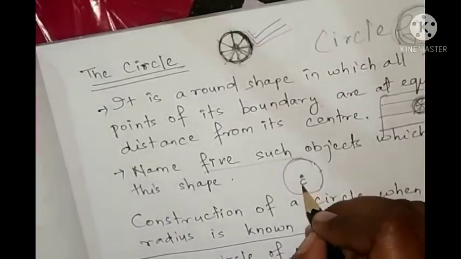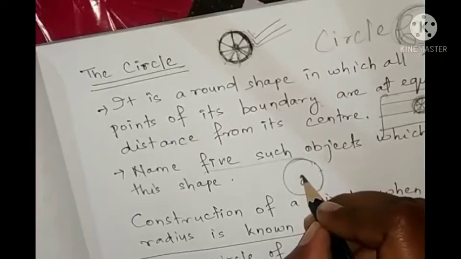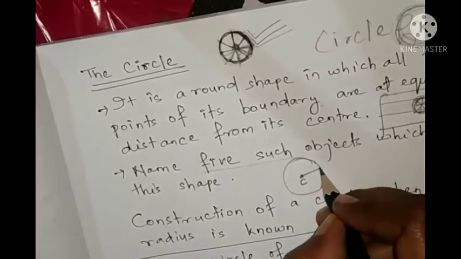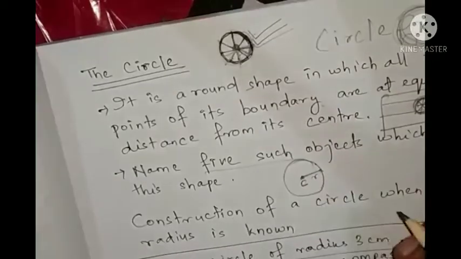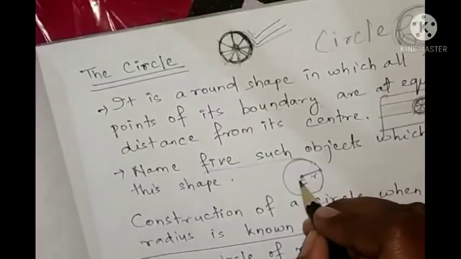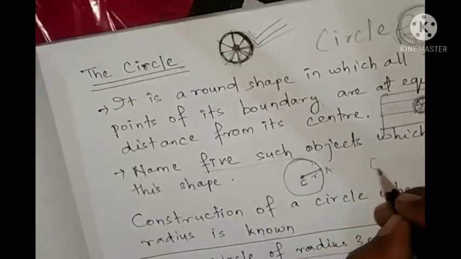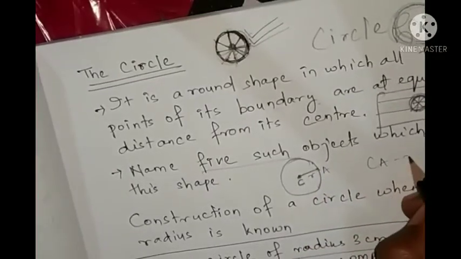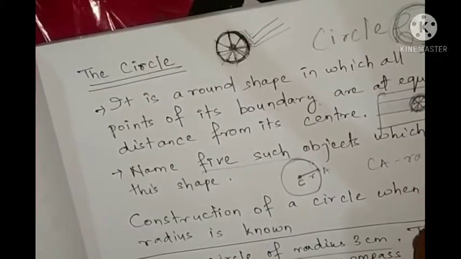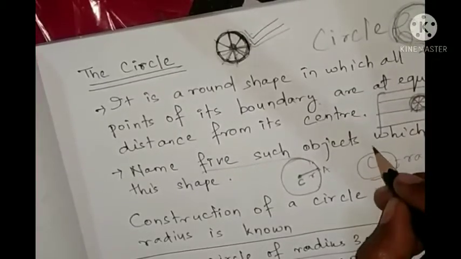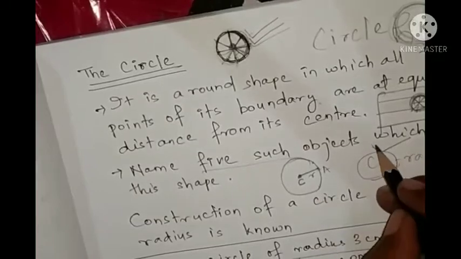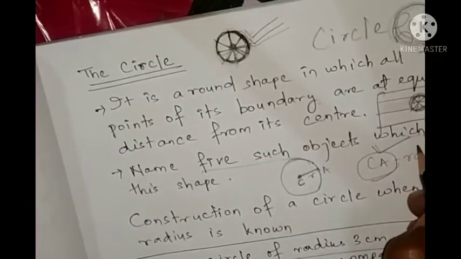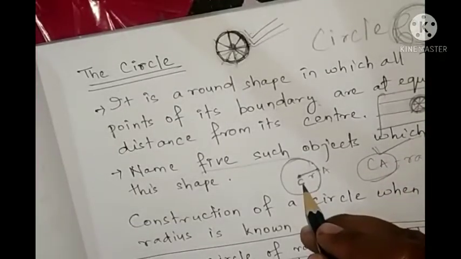That middle portion is the center, and the distance from the center to the boundary is known as radius. If I am naming the boundary point A, then CA is the radius. So by using this radius, we can make a circle.